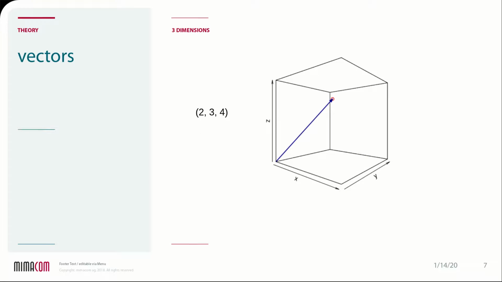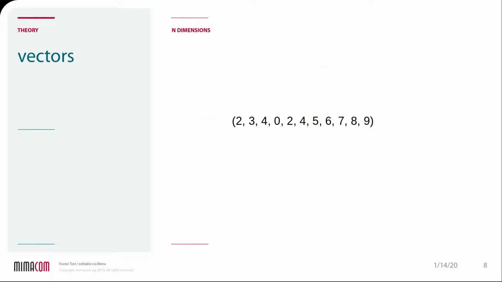In that case, now we have a point or an arrow in three-dimensional space. If we want to imagine how it looks in higher dimensions, it gets a little more complicated, right? Because we're used to 2 dimensions and 3 dimensions. In n-dimensional space, we can say it's just a set of numbers. So basically, that's a vector.